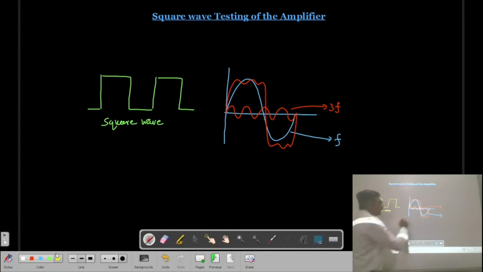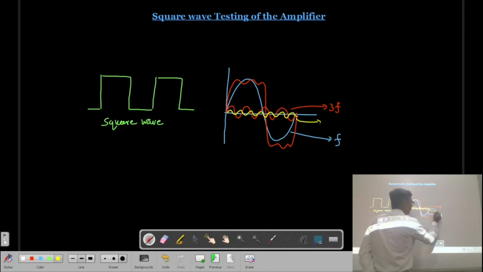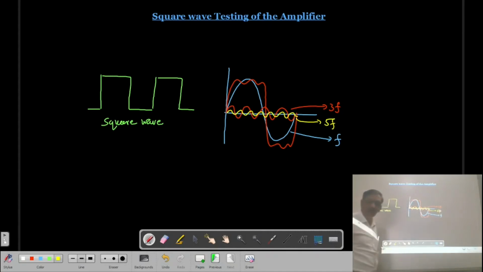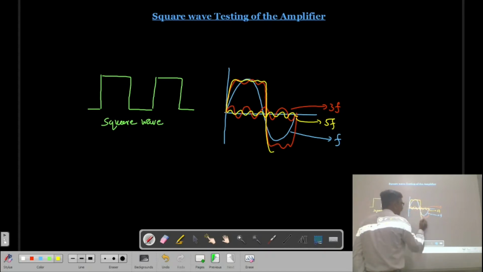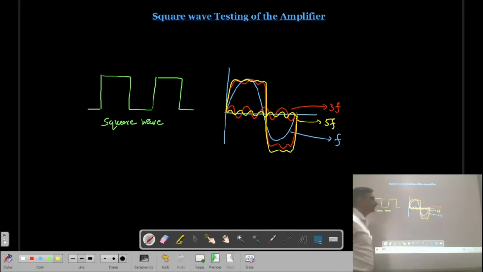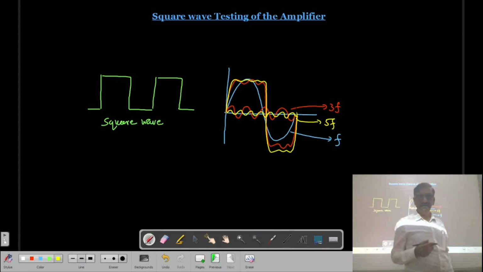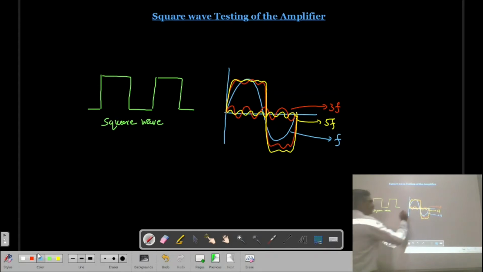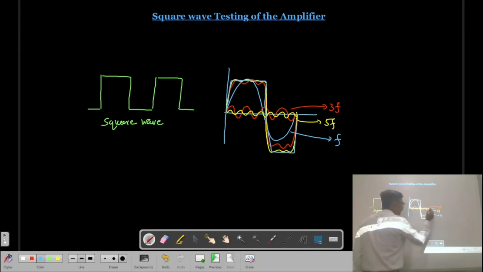If I take one more, a higher harmonic, 5f, and superpose it on this, then the shape of the signal will be this. So if you go on adding higher harmonics, your sine wave is going to be converted into a square wave.